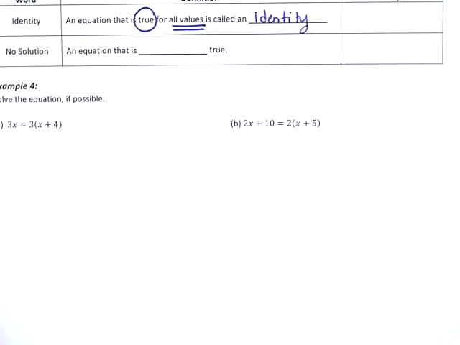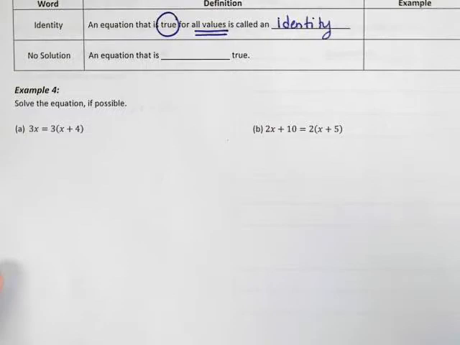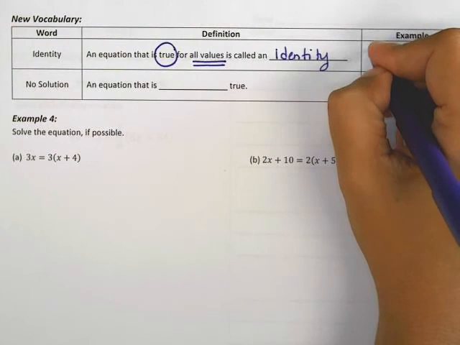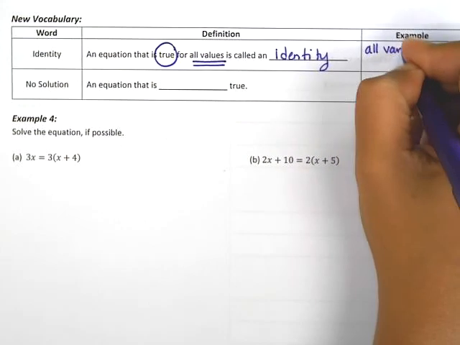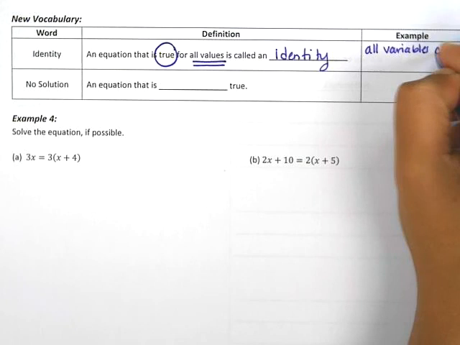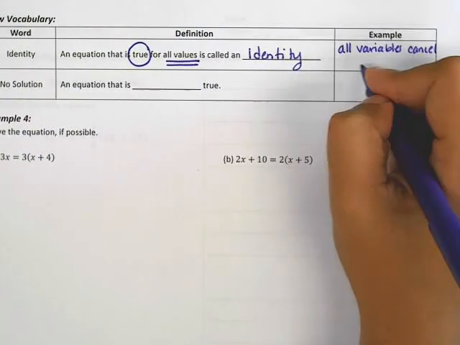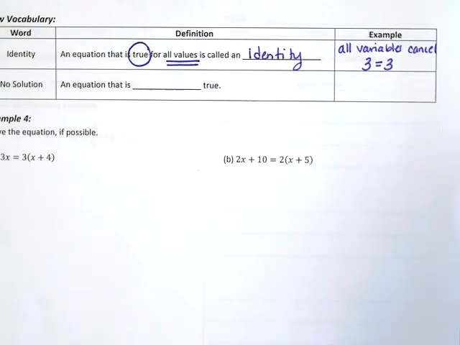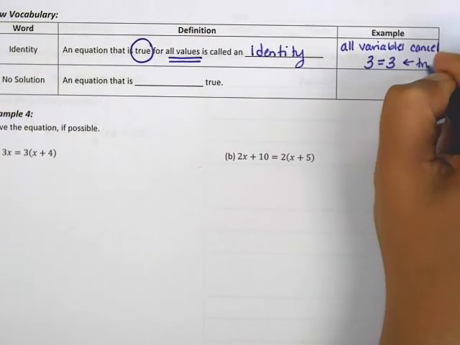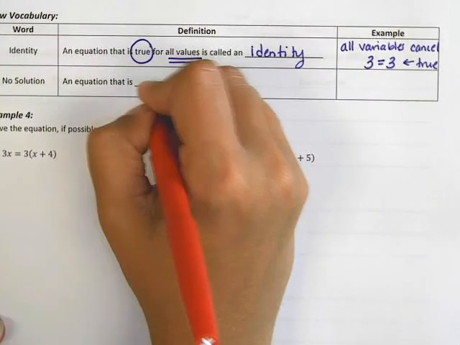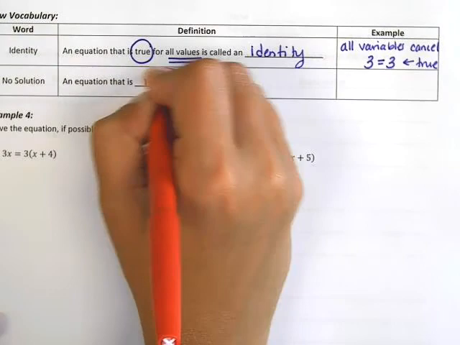You would know you had one of these special types of equations because when you tried solving, all the variables would cancel, and at the end, all you would have is numbers that are true. For example, 3 = 3, which is true. Now, a problem that has no solution is an equation that is never true.